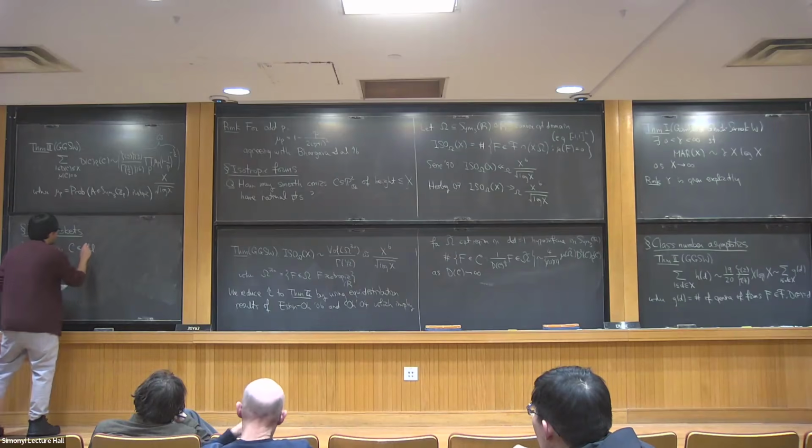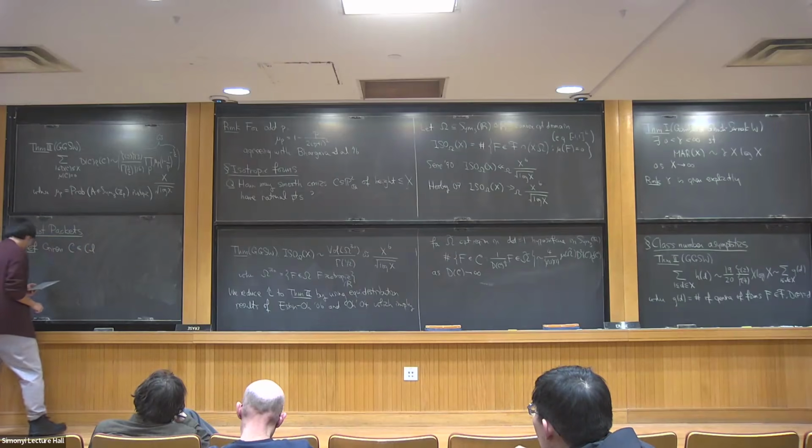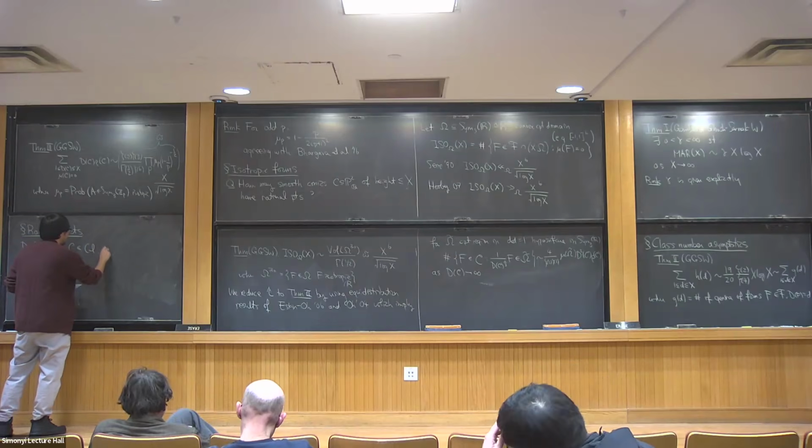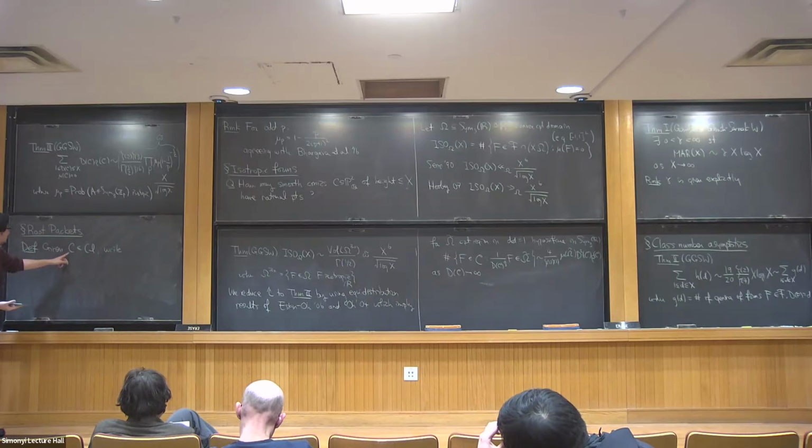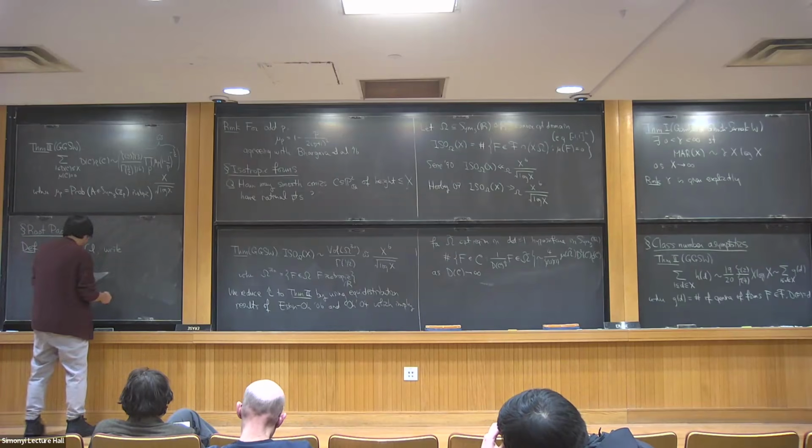So given a class of ternary forms, we're interested in particular in the primes where C has a high degree of ramification.